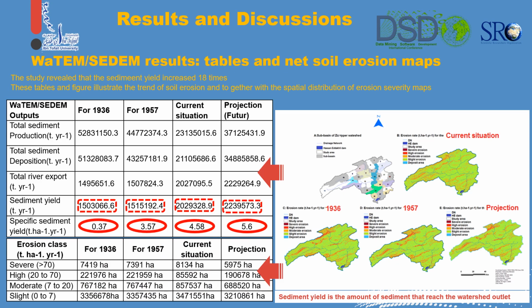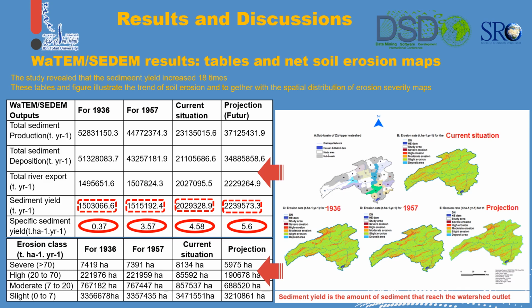For the different situations of land use land cover in this upper watershed, in 1936 the specific sediment yield was weak, about 0.37 ton per hectare per year, and in 1957 it was 3.57 tons per hectare per year.